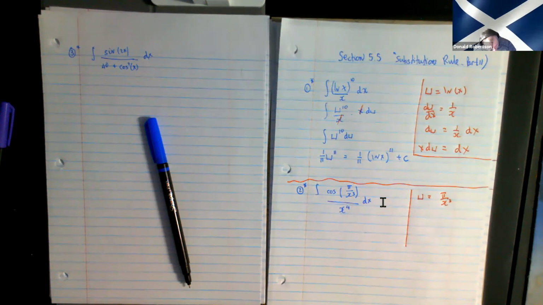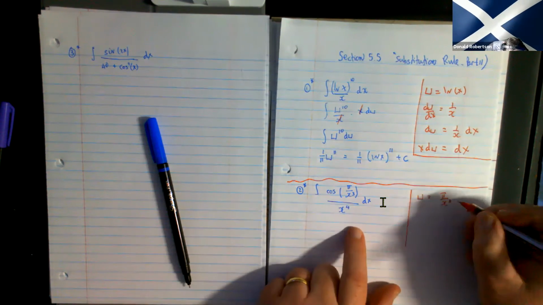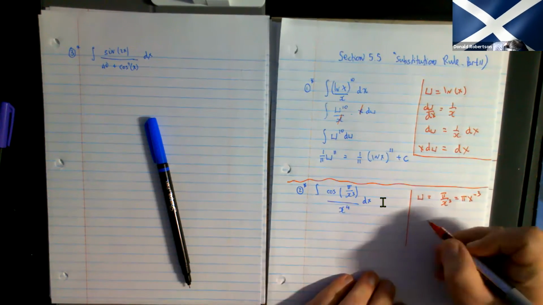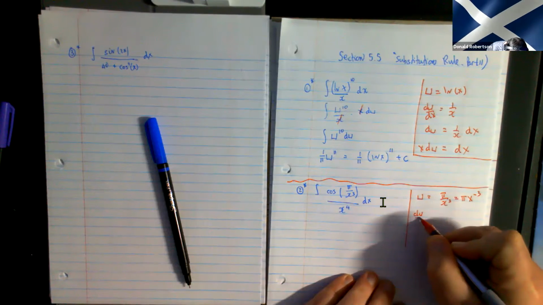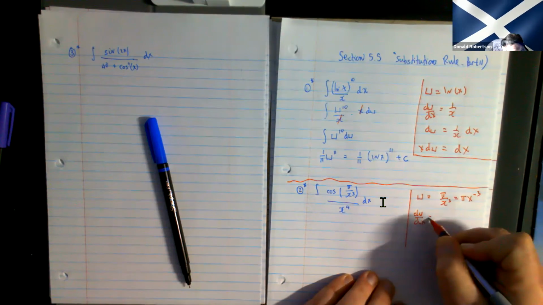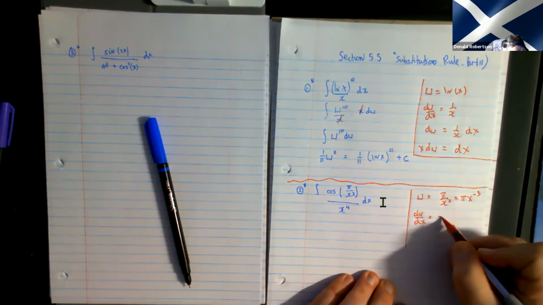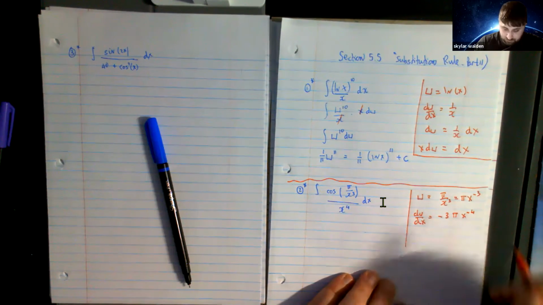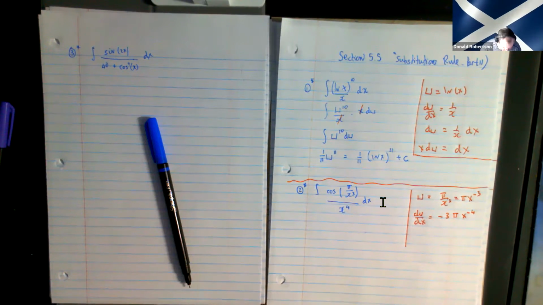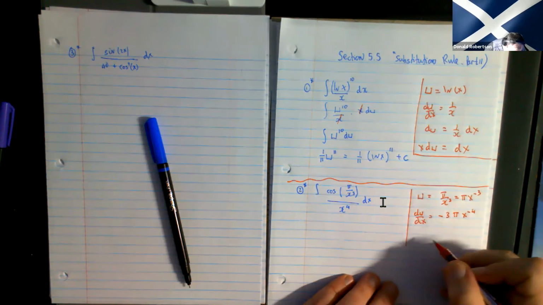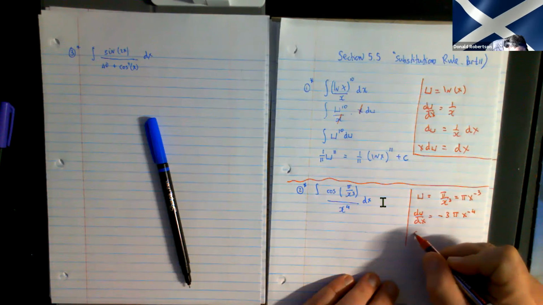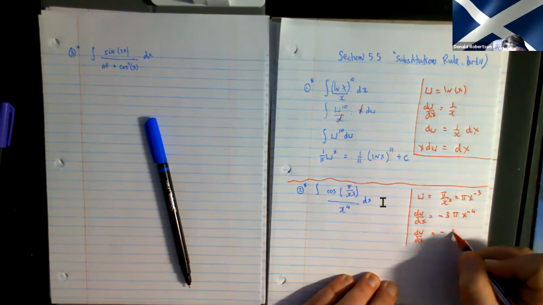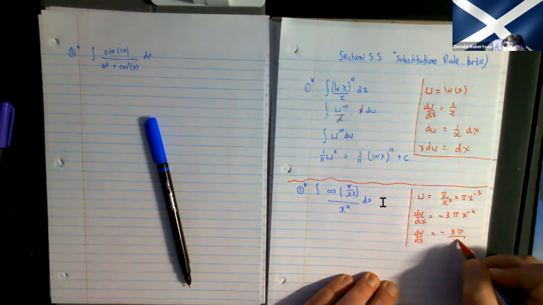Pi over x cubed. Now, I'm going to rewrite that as pi x to negative 3 so that when we differentiate with respect to x, we can use the power rule of differentiation, which is multiply by the power and reduce the power by 1. And I'm going to call this guy that fella.